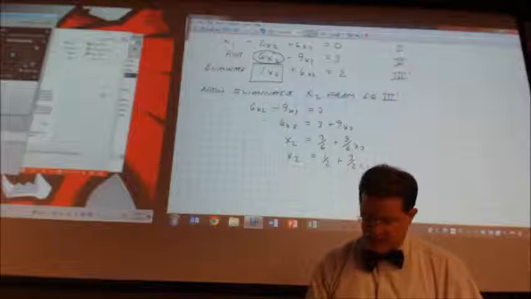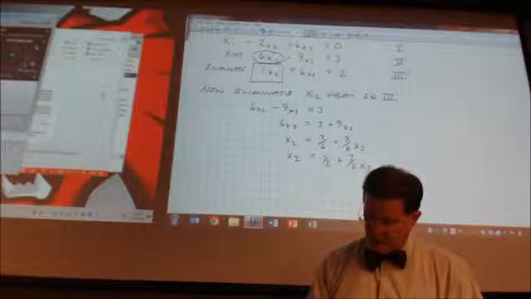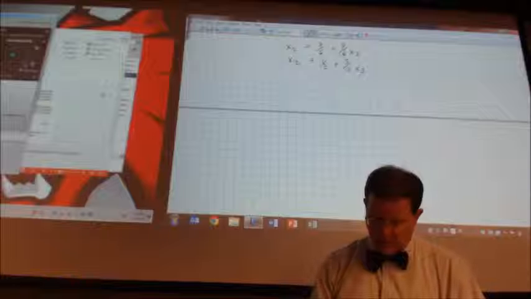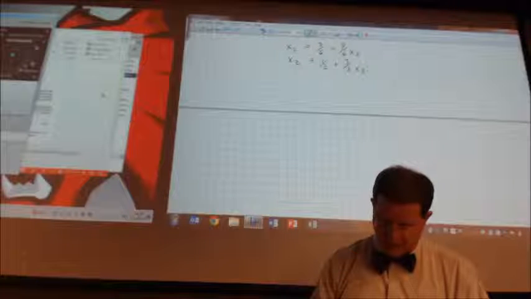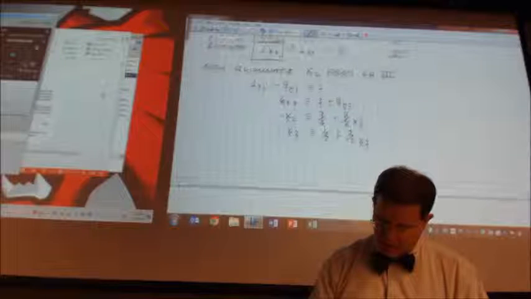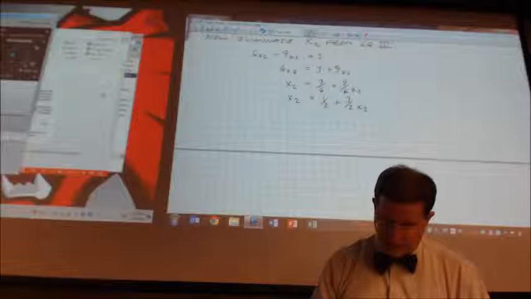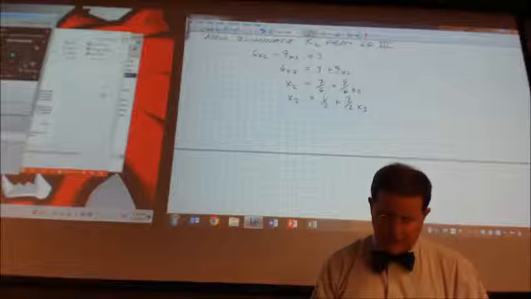Okay, so that's the x2 value that I'm going to use to plug into our equation 3, which is, where's our equation 3?